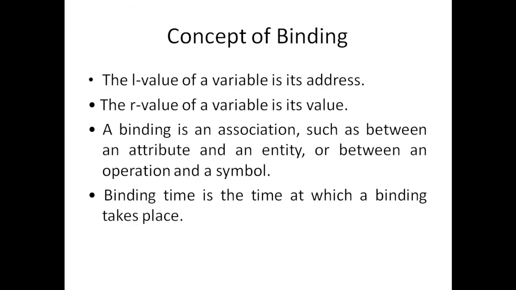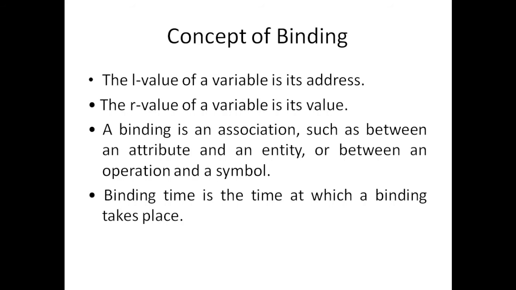The next one is the concept of binding. In the previous class itself, we discussed L value and R value. Actually, those are the first two words which come under unit 2.